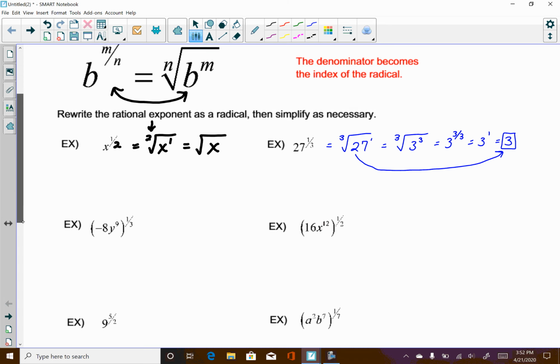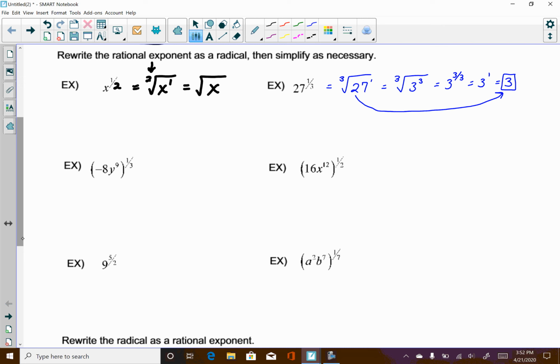All right, if we move on down to the next row, we've got negative 8y to the 9th, I keep saying it, negative 8y to the 9th raised to the 1/3 power, which is the same as the cube root of negative 8y to the 9th. Now, think about here that you can take an odd root of a negative number, so we can keep working in this problem.